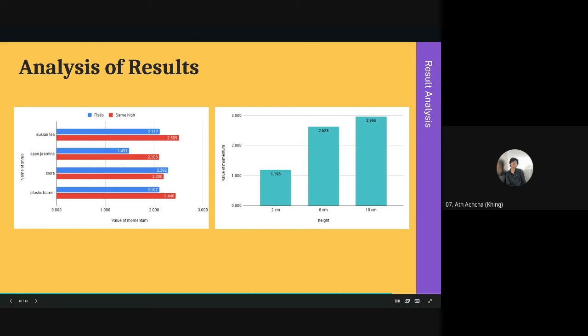So we consider the barrier that has a momentum value in the middle, which means that barrier is safe. You can see from the graph that the isora with 6 centimeters is safer than the other types of trees and the other heights.